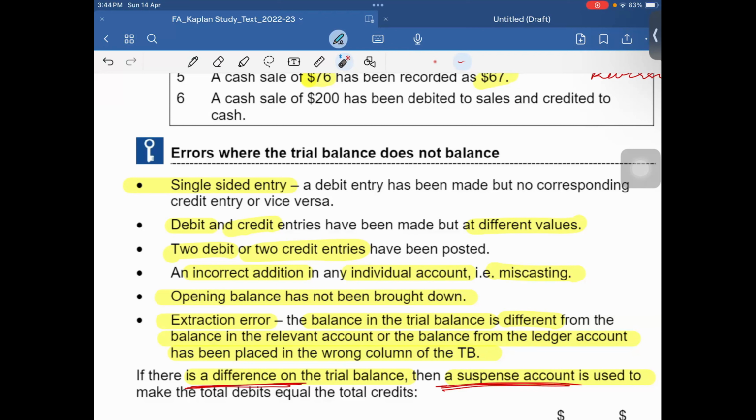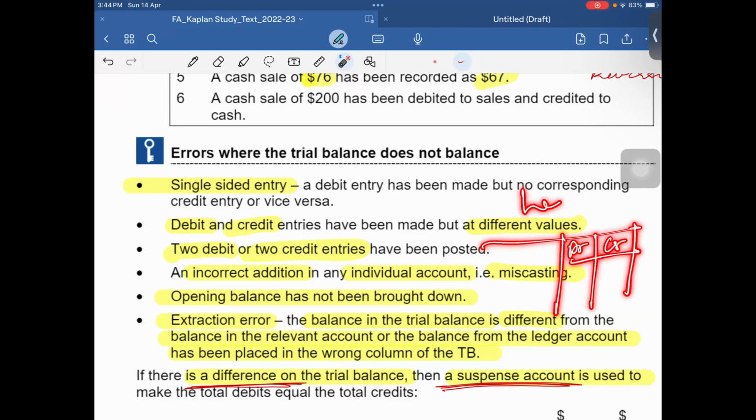Next is extraction error. Extraction error happens when the balance in the trial balance is different from the balance in the relevant account, or the balance from the ledger account has been placed in the wrong column of the trial balance. As I've told you before, we have two columns, one debit and one credit.